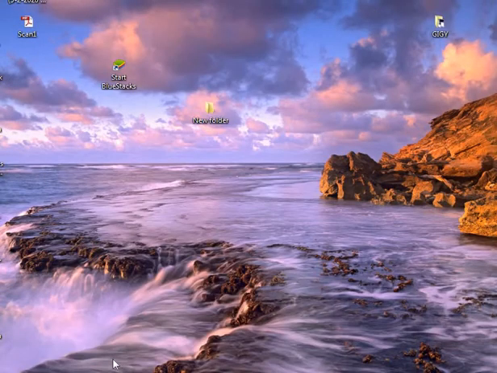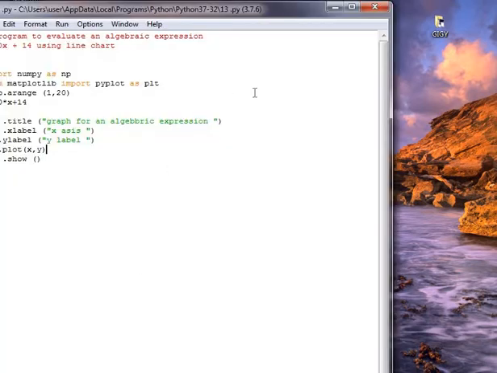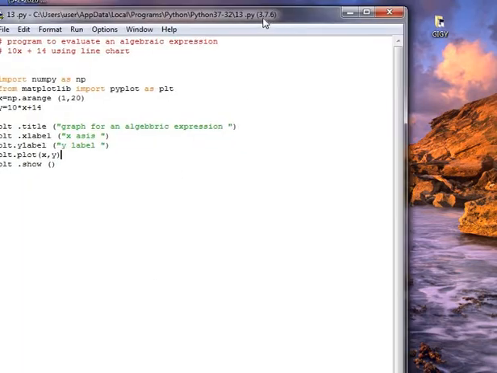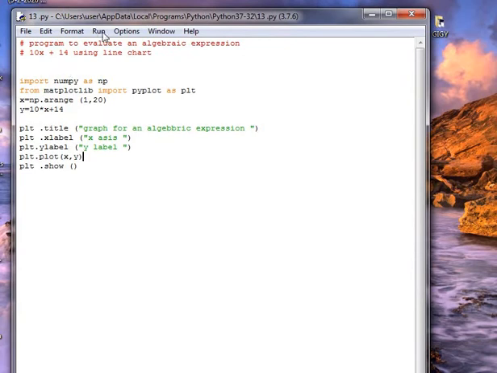Our next one is to evaluate another equation. Program to evaluate an algebraic expression, 10x plus 14, using a line chart. Here also we import NumPy and Matplotlib.